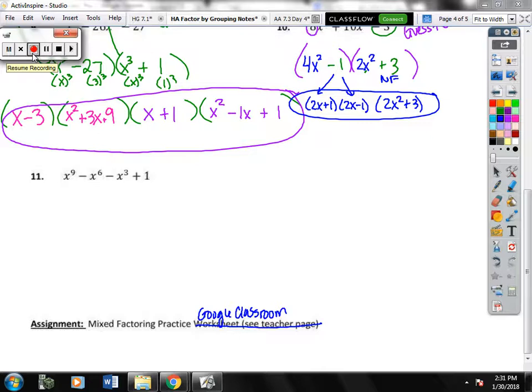All right, for our last example, we are going to choose factor by grouping because we see we have 4 terms. So we'll group the first 2 terms and the last 2 terms, take out our GCF, which would be x to the 6th. And if you notice, the symbols here are different, so we would take out a negative 1 from our second set.